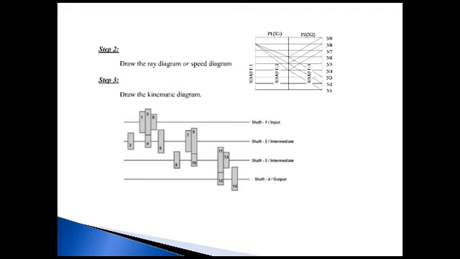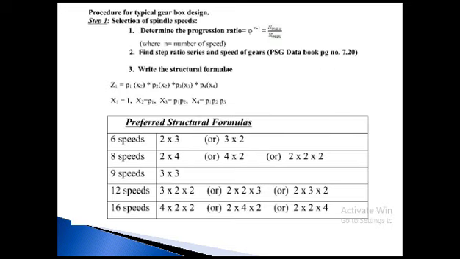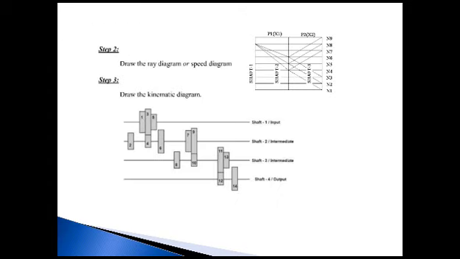Step 2: we have to draw the ray diagram. For drawing the ray diagram, we have to choose the structural formula. For example, if you are taking the 3 into 2 concept for a 6-speed gearbox, P1 X1, and in that concept we have to draw.